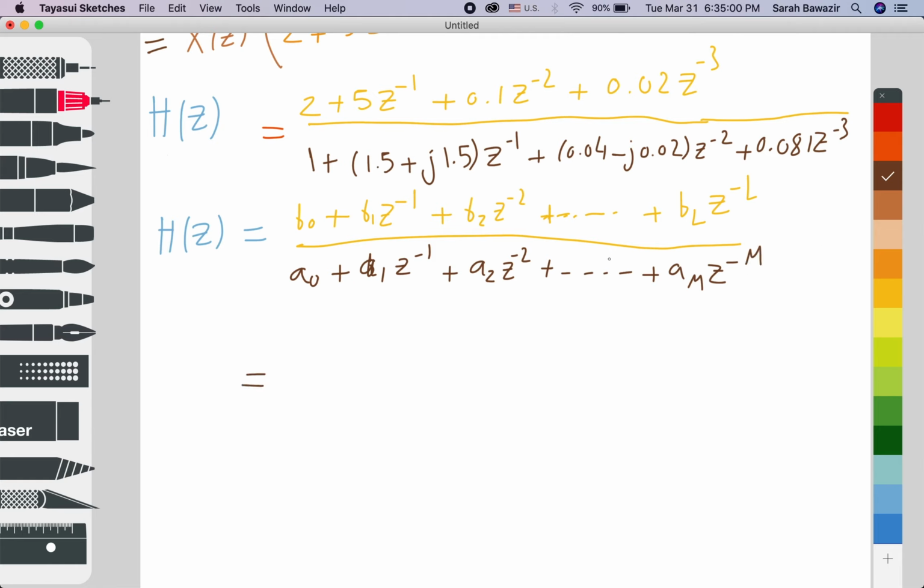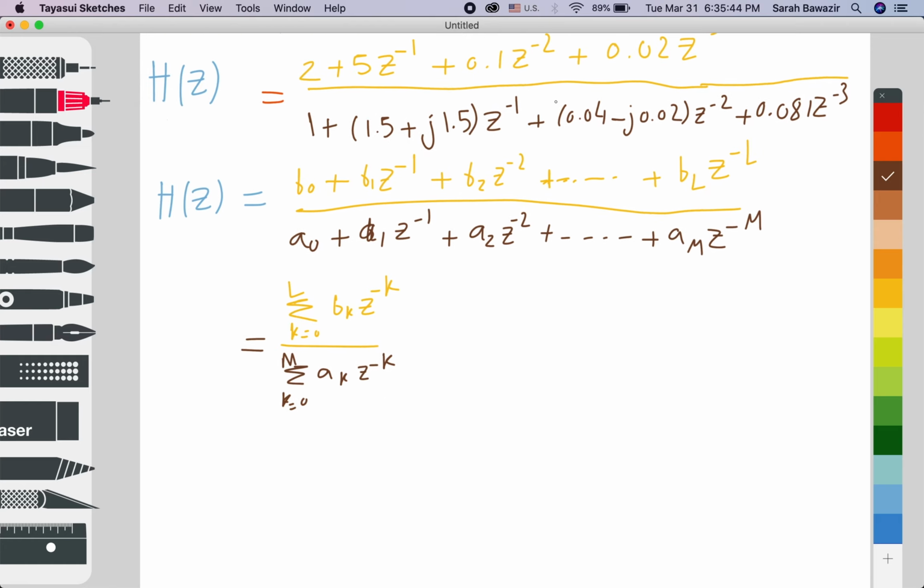And then, just for the sake of being complete, let's express it as a summation from k equals 0 to L of bk z^-k over the summation from k equals 0 to M of ak z^-k.